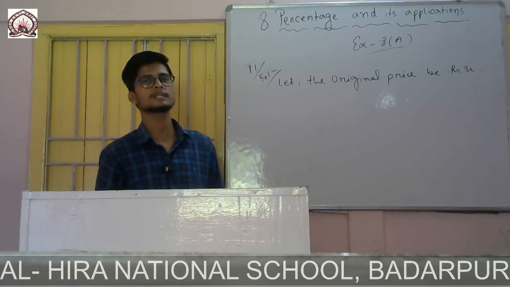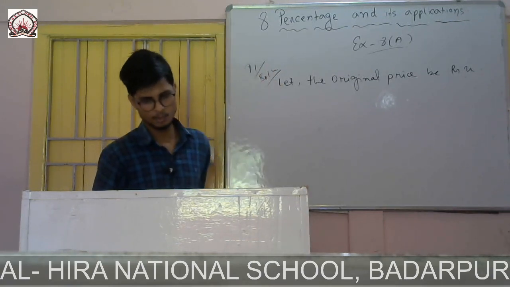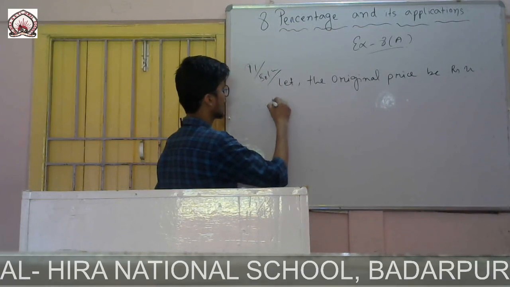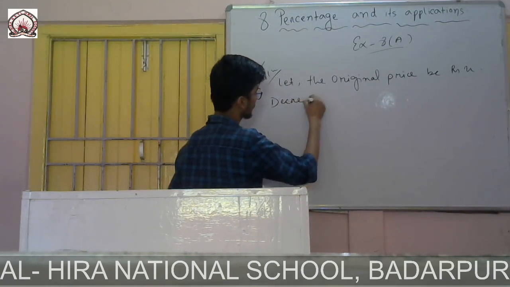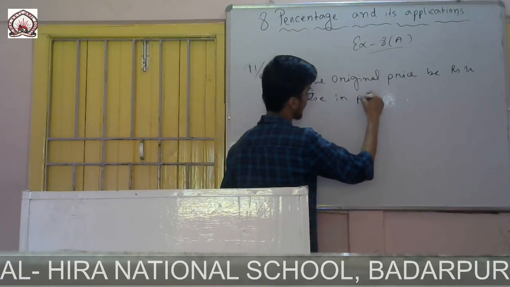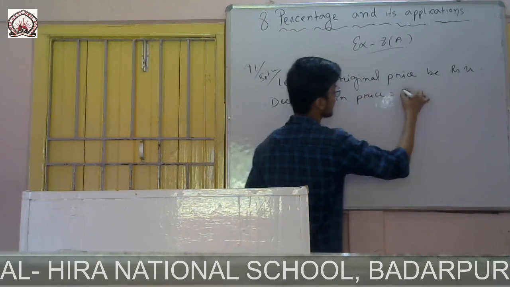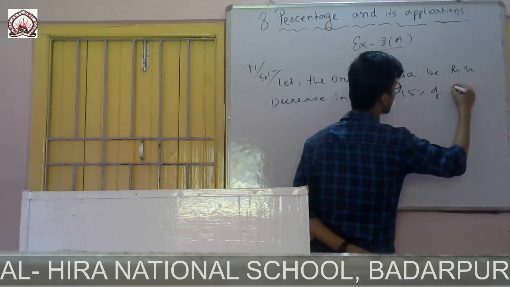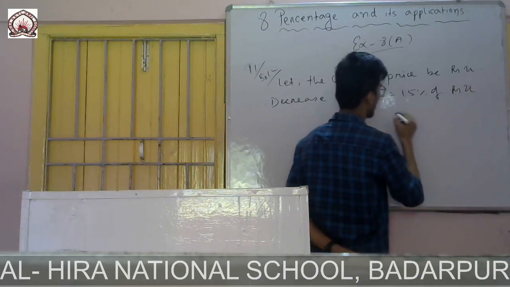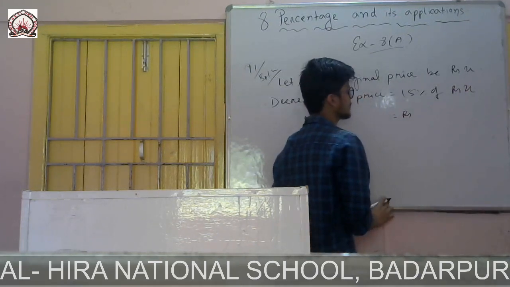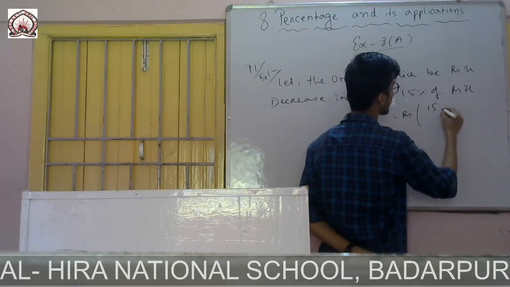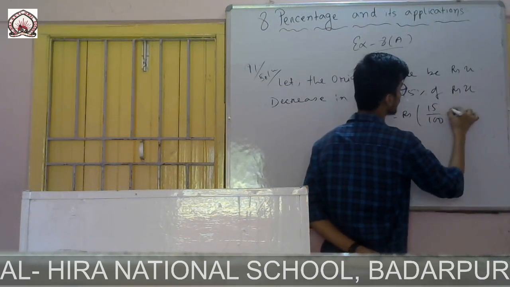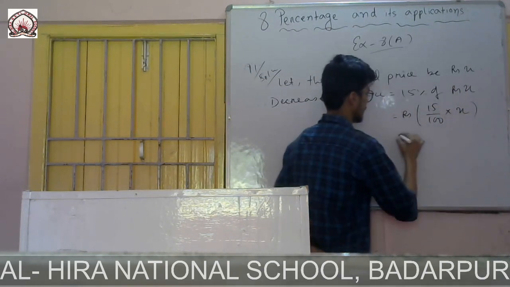15%. 15% of which one? On the original price. So we will find the decrease in price. Therefore, the decrease in price is 15% of the original price, which is rupees x. If I solve this, it will be rupees 15 by 100 into x, that is 15x by 100.